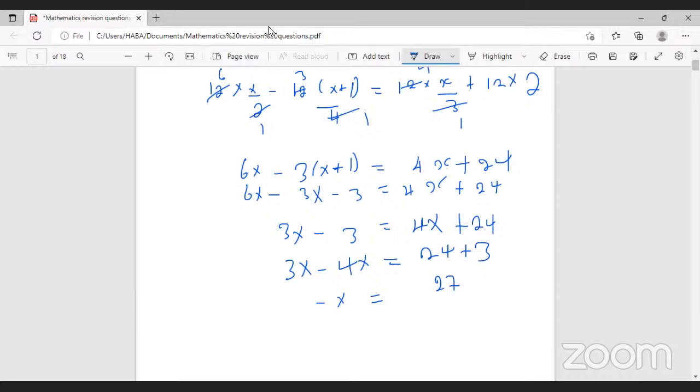What did we do to find x? Divide by negative 1. Good. And then our x becomes? 27 divided by negative 1, so negative 27.